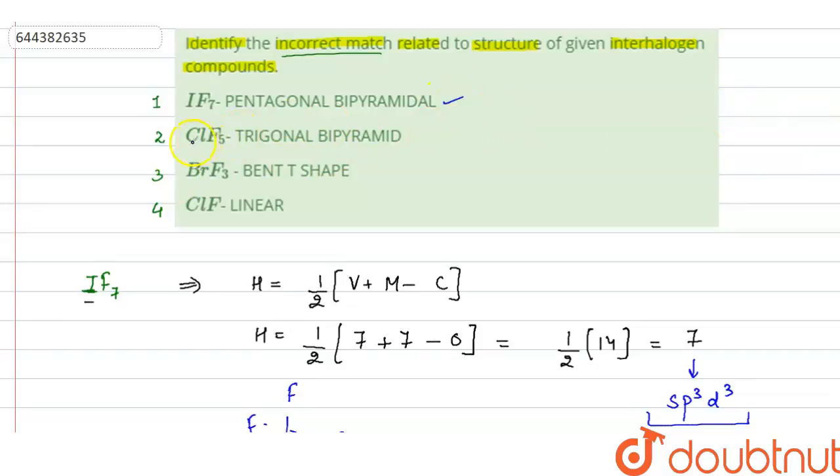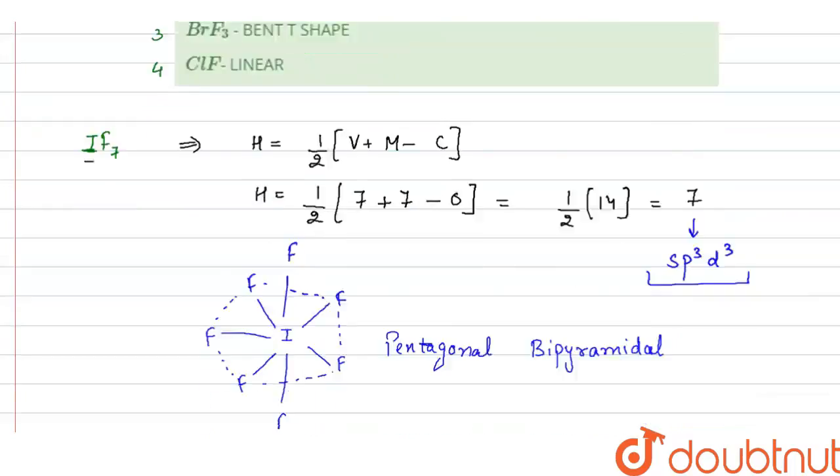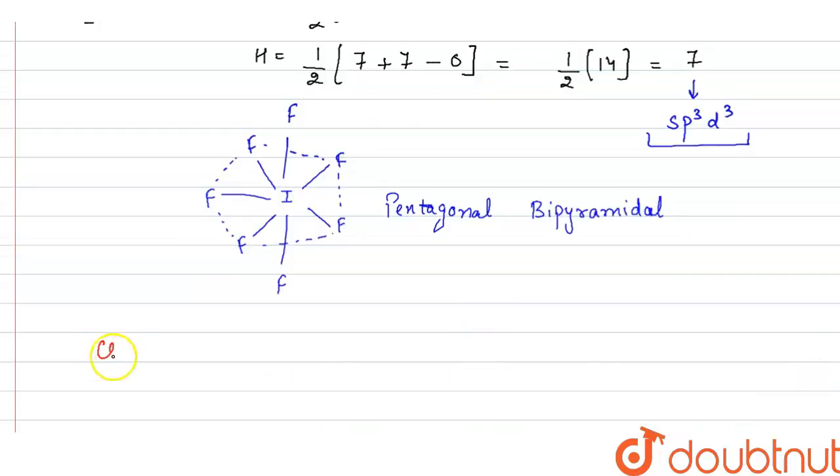Then in the second it is given ClF5 trigonal bipyramid. So first of all we'll calculate the hybridization for ClF5. H will be half into, now valence electrons of chlorine will be 7. Monovalent atoms attached to chlorine is 5 because we have 5 fluorine, and charge is 0, so minus 0.